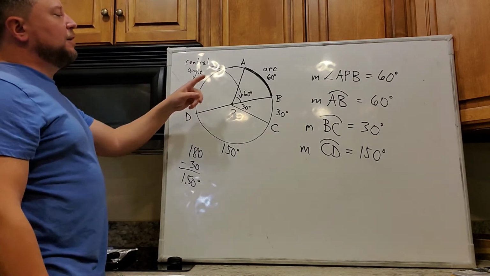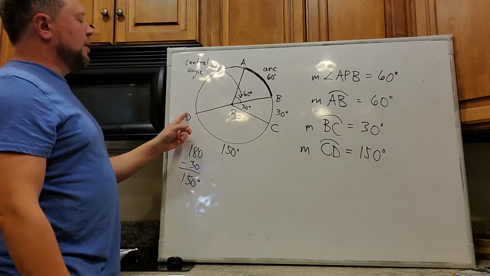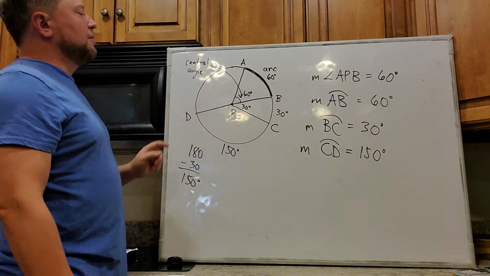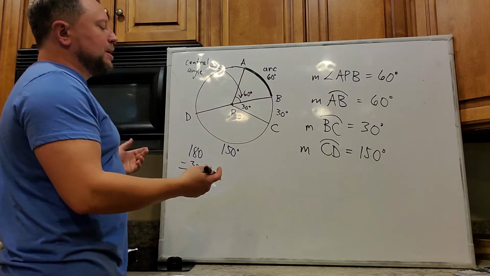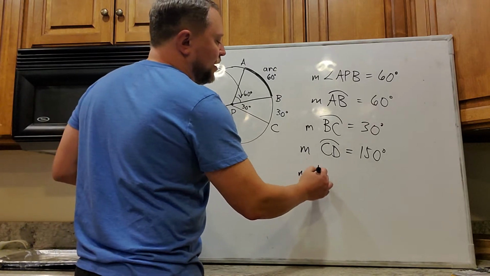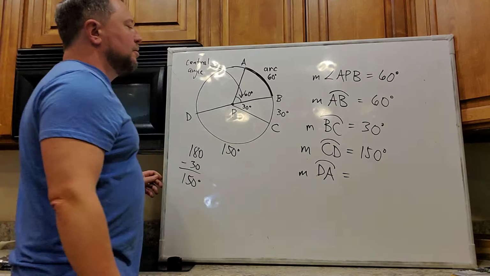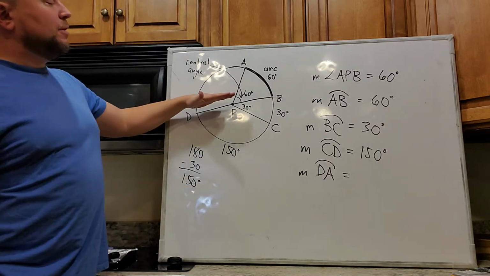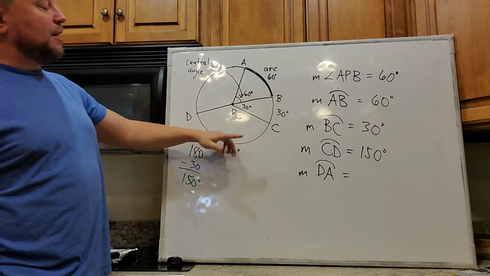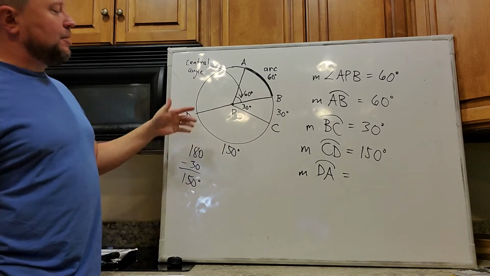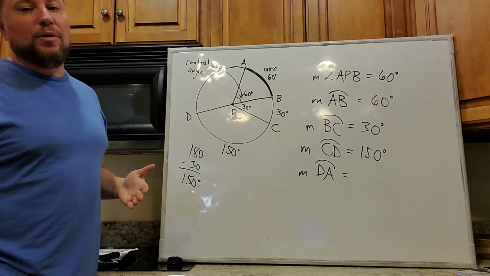Okay, and then finally, we have the arc DA here. See that one? That's one of the few measurements I haven't found yet. Again, I can find the measure of that arc because, again, not only did this diameter cut this bottom half into 180 degrees, but the top half should also be 180.